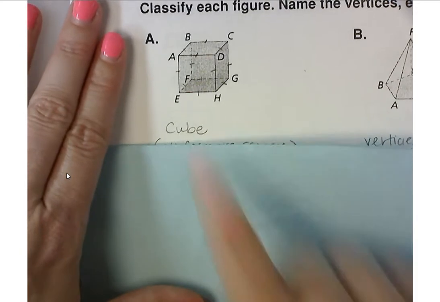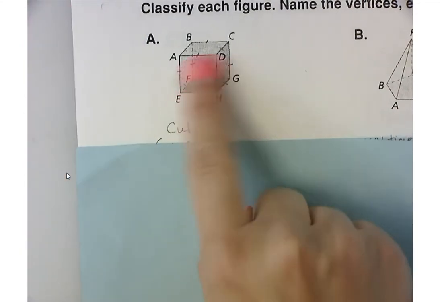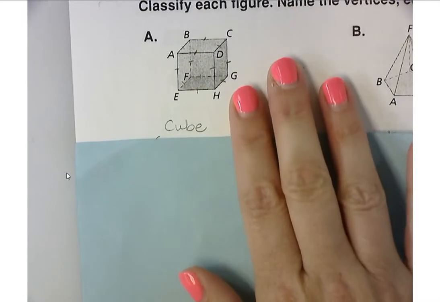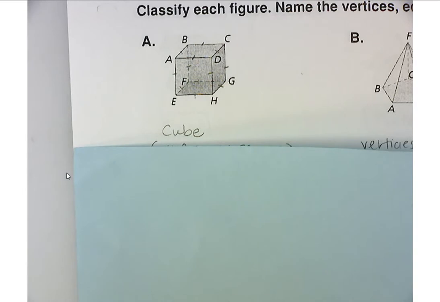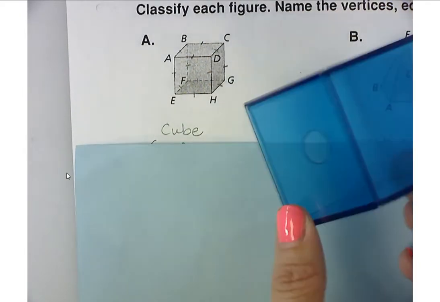All of these are going to be the same length, which means it's going to be a cube. A cube is a type of rectangular prism. So a cube is a special type of rectangular prism.